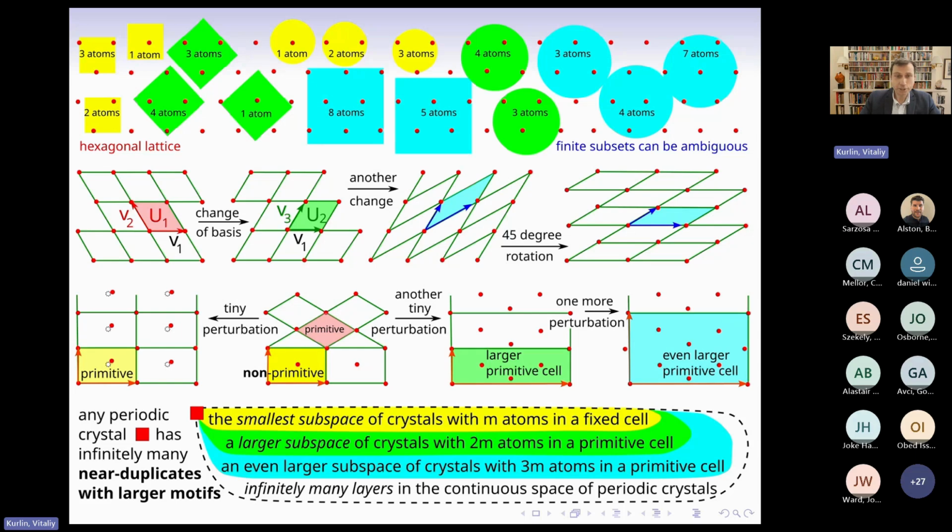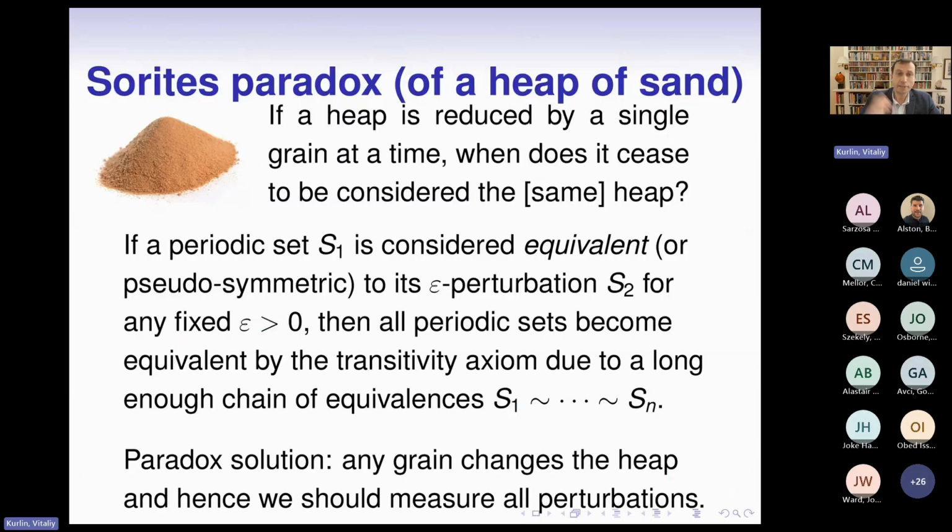So these are the challenges, and let me finally illustrate the paradox, because one of the reviewers of our papers asked whether there is a paradox here, and indeed it is a paradox. This Sorites paradox has been known from ancient times, and usually illustrated by a heap of sand.